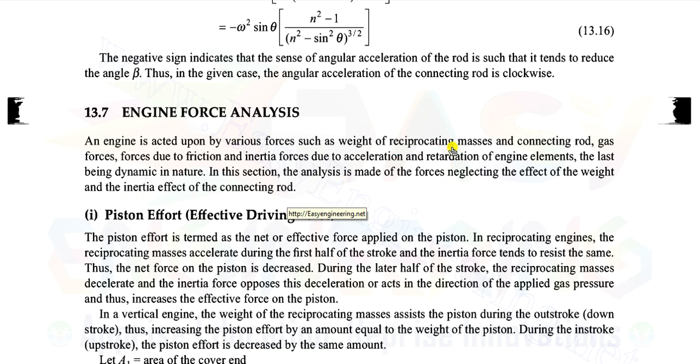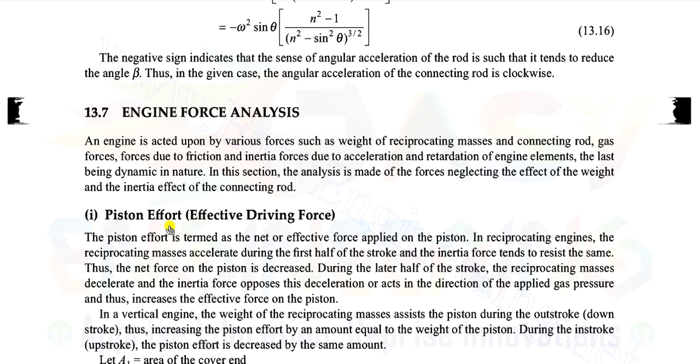So we are ignoring the connecting rod mass or the inertia force because of the connecting rod, because the inertia force is nothing but mass into acceleration. As we are not considering the mass of the connecting rod, we are also not considering the inertia effect of the connecting rod.